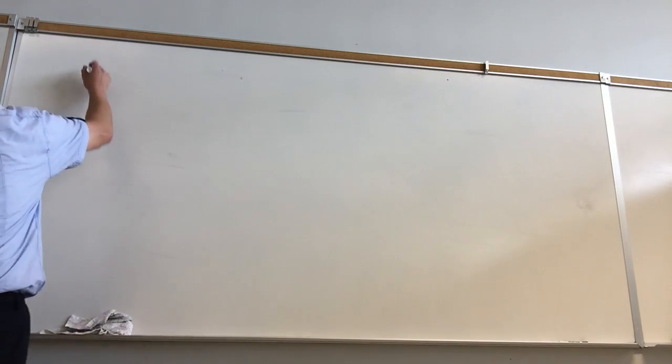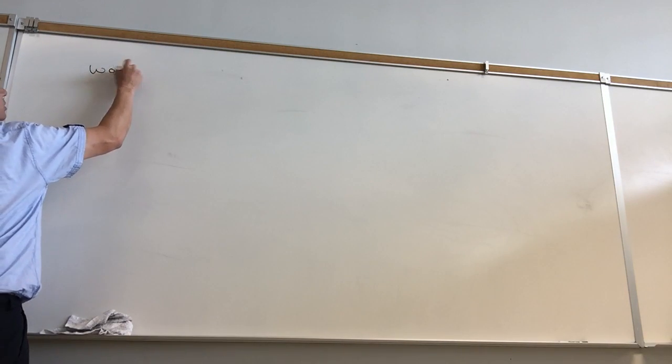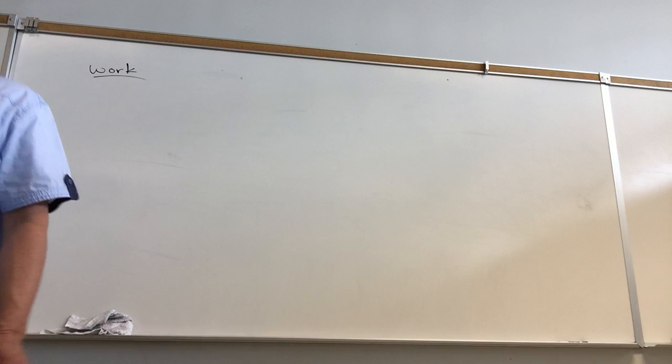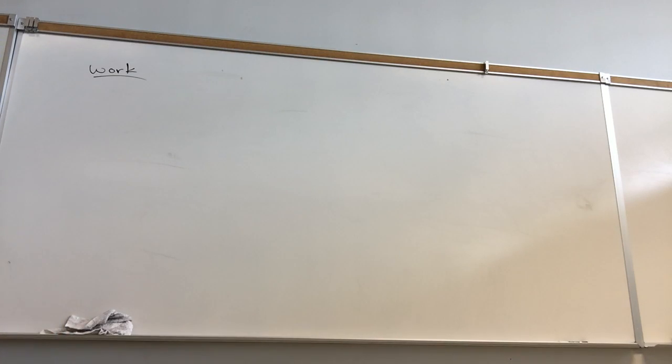All right, let's continue on with chapter 7 now. We talked a lot about heat, right? But what about work? We haven't talked much about work, so let's talk about work now. In all these reactions that I just talked about, no work was done. Now, there's different kinds of work.